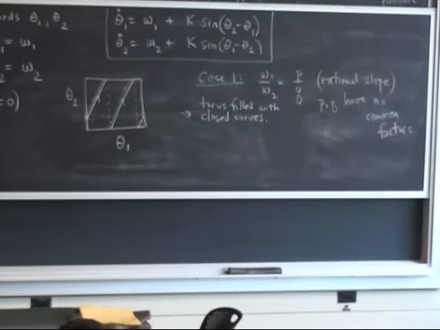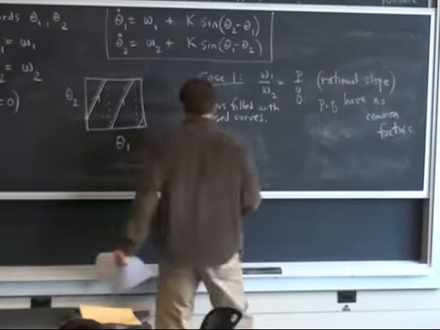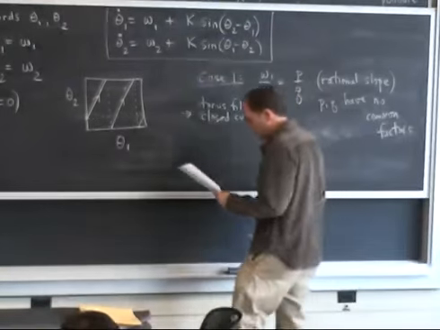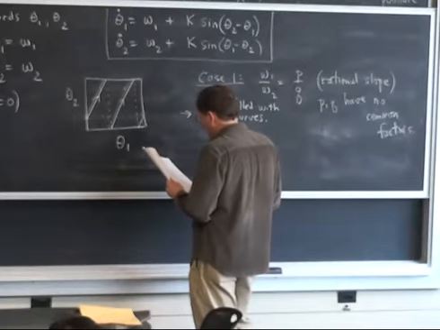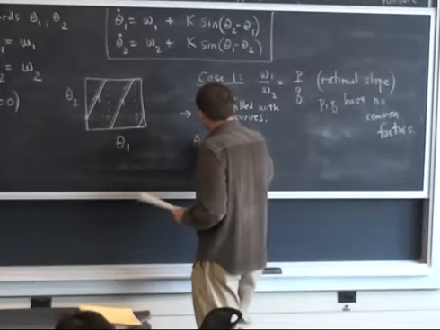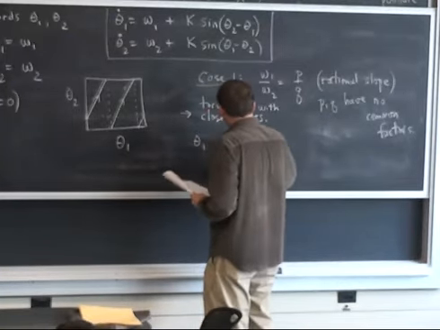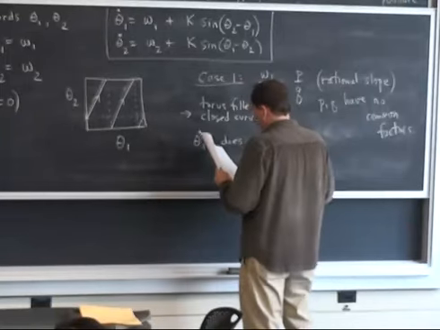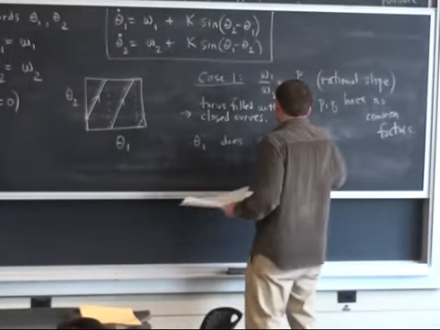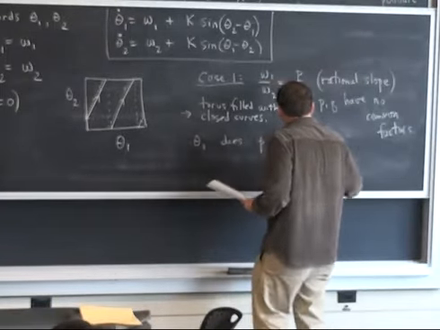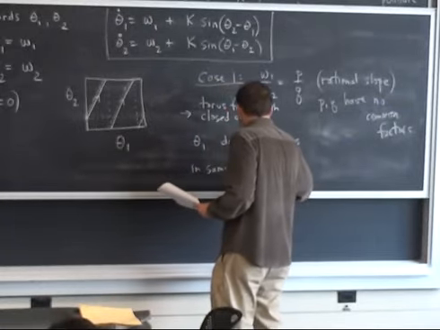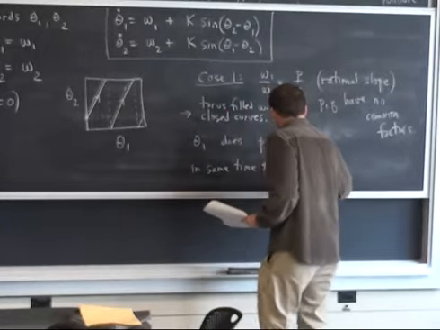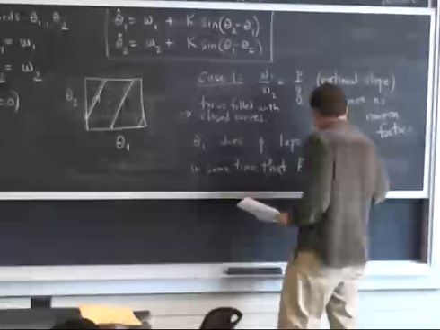Or if it was 3 to 2, then 3 laps for 2 laps. So now let's look at that case of 3 to 2, actually. The idea, though, is that theta 1 does, in this case, p revolutions, or laps, in the same time that theta 2 does q laps.